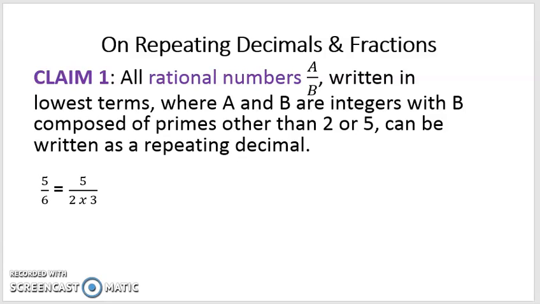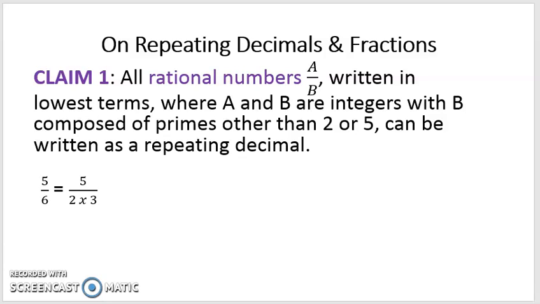In other words, if you fully reduce the fraction and there is some prime factor in the denominator that's other than a 2 or 5, like a 7 or a 3 or 11, then that fraction is a repeating decimal.